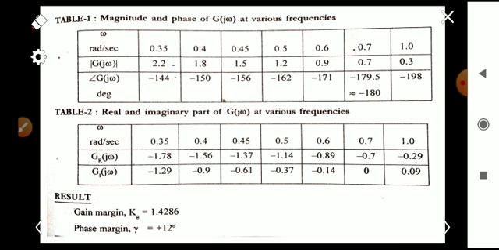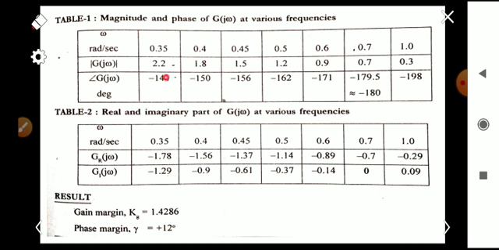We have to find the phase angle and magnitude for different values of omega. Actually the polar plot is drawn between the magnitude and phase angle of the system, with magnitude and phase angle as the axes. But in a normal graph sheet we draw the polar plot with the x-axis as the real axis and the y-axis as the imaginary axis. So we have to convert this polar form into the corresponding Cartesian coordinates, that is rectangular form, real and imaginary terms.